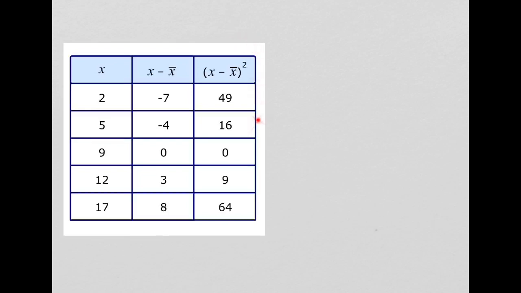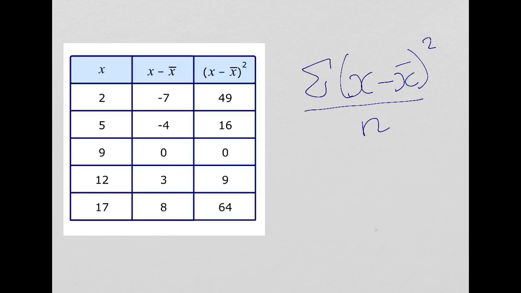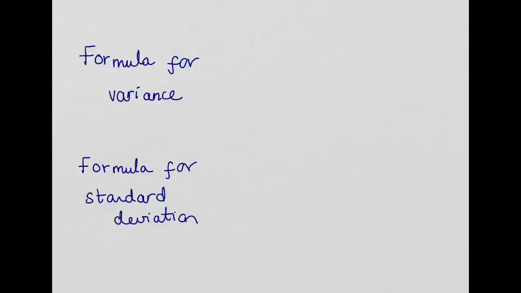If I sum up this column and divide by n, I'm taking the average of that column. What I get is the formula for variance.